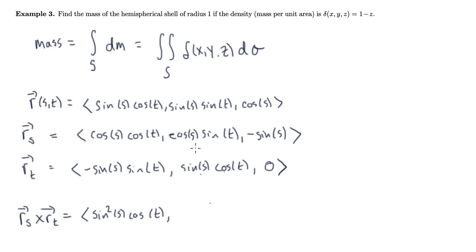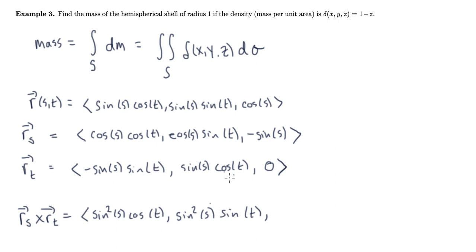Okay, and then the y component is going to be this minus this times this. But it's going to be negative, so looks like we have 3 negatives. So it's going to be negative because we're subtracting, but then it's going to be positive. So this should be sine squared S sine t.